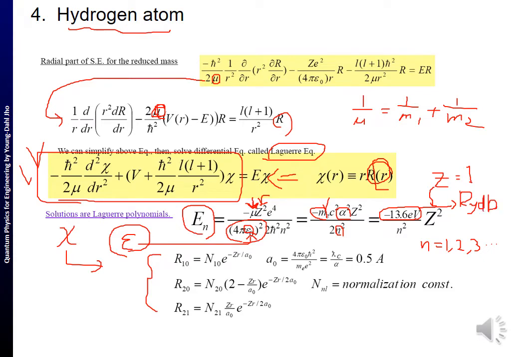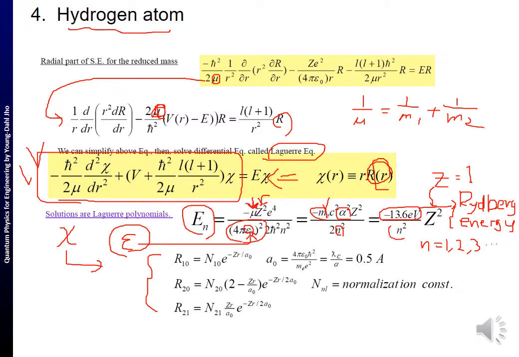It's called the Rydberg energy. It was measured by experiment. So even without quantum mechanical calculation, people knew that there is a certain energy like minus 13.6 electron volt. This is sort of the binding energy between the electron and proton in a hydrogen atom.